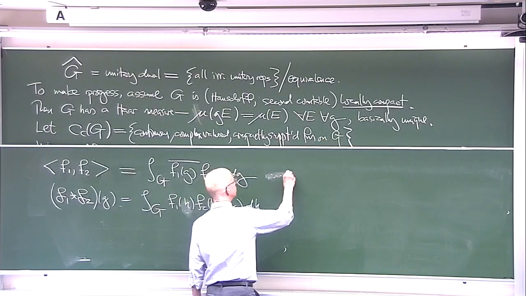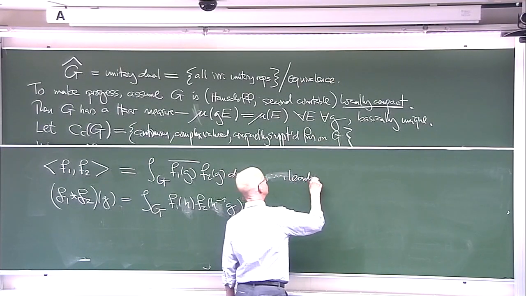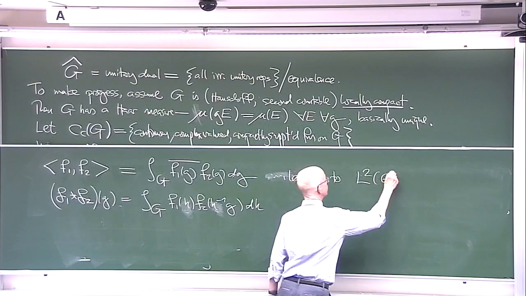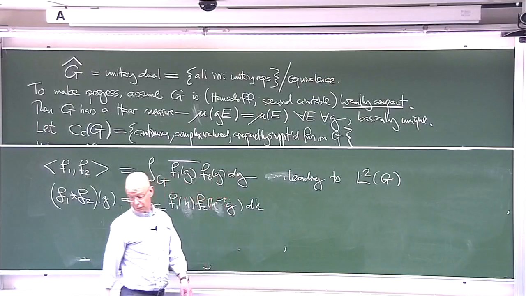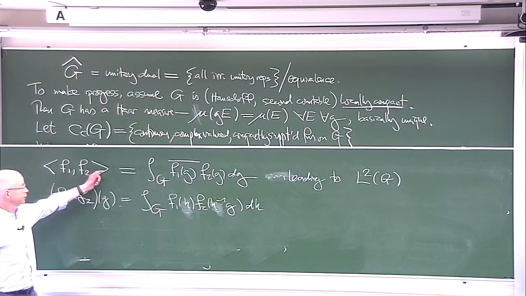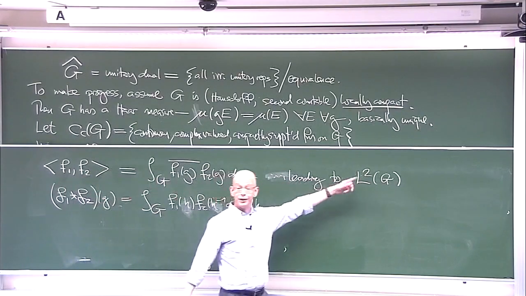And if we complete the continuous compactly supported functions in the norm associated to this inner product, of course we get L2 of G, a Hilbert space.